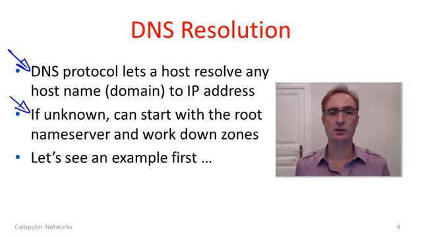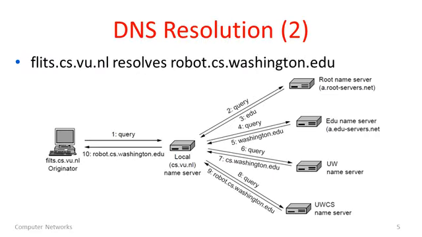If it goes to that zone, it can then work its way down following the forward pointers to delegated zones until it gets to the zone that has the right host record in, and it will there find the IP address. So let's see how this works, because it probably sounds a little mysterious, but it works in pretty much the way you would imagine, going down from the root.